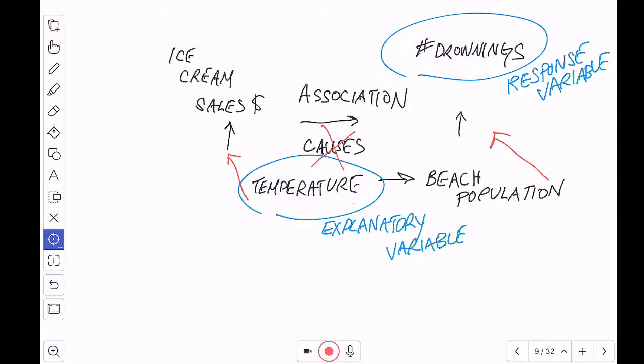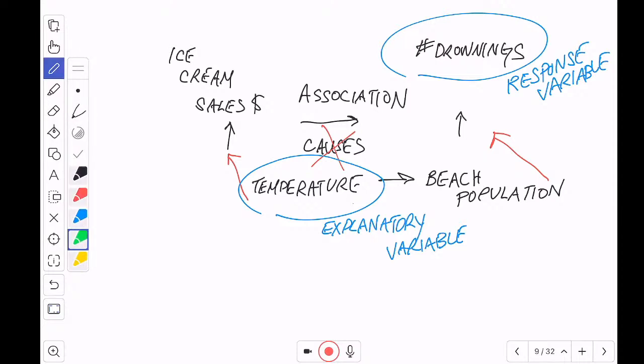Until that point, and looking only at, let's say, ice cream sales and drownings, the explanation for why this is happening is behind what we're looking at. And until we recognize temperature or beach population as explanatory, we would call these lurking variables.